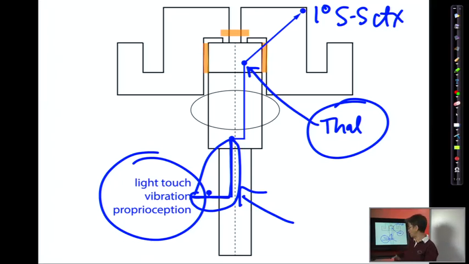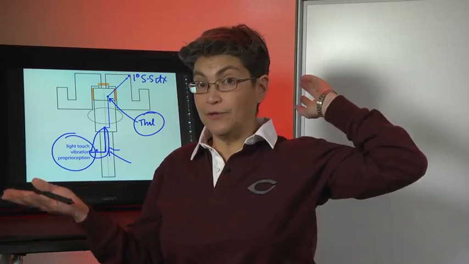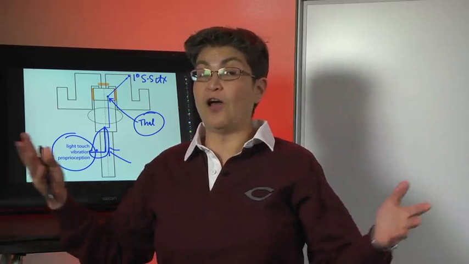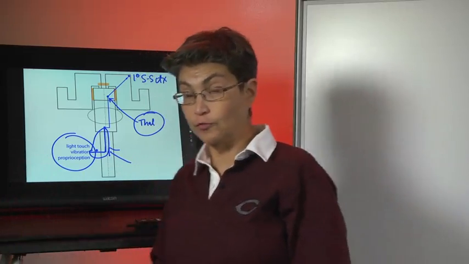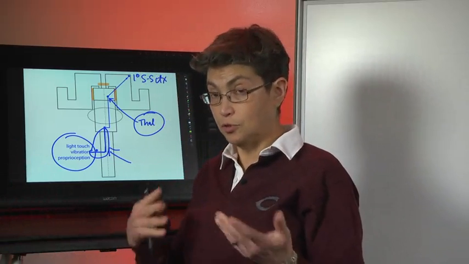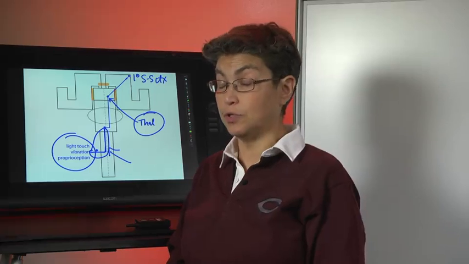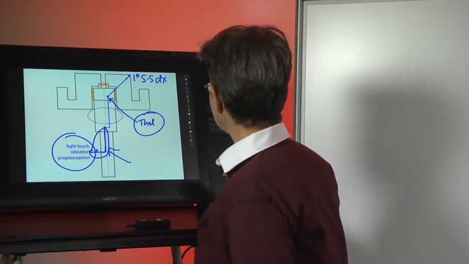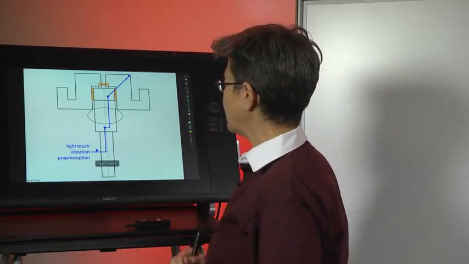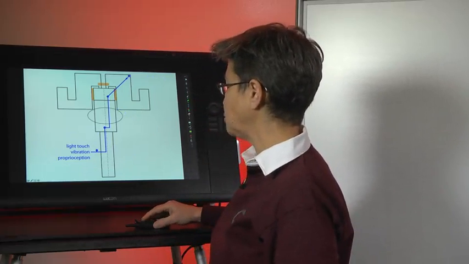There is a neuron that goes from your toe and ends up here, which in me is probably 4.5 feet, but in some can be 5 or over 6 feet long, on the order of 2 meters, which is really stunning. All right, so that is light touch, vibration, and proprioception.